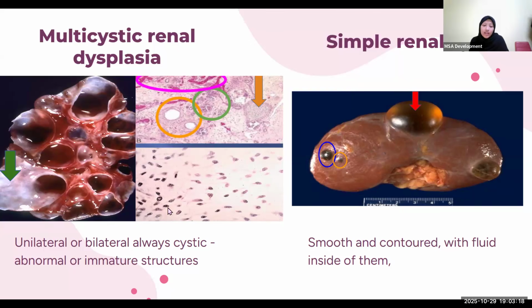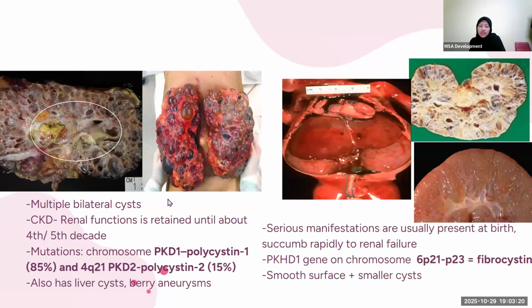That's why. Okay, so moving on from the simple cyst and the multicystic renal dysplasia, these two are the most common or the most important high yields from this lecture.